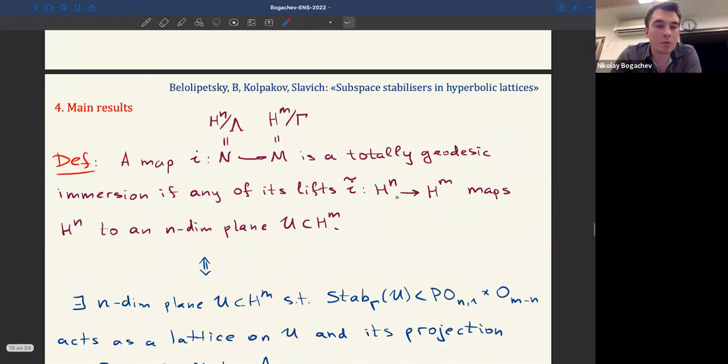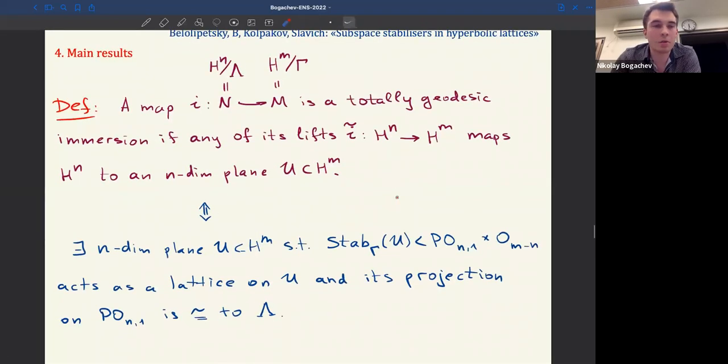So now I would like to move to the main results of our paper, and we need the definition of a totally geodesic subspace. Suppose we have two hyperbolic orbifolds, H^n mod lambda and H^m mod gamma, and we say that this map is a totally geodesic immersion, and actually we need proper immersions.